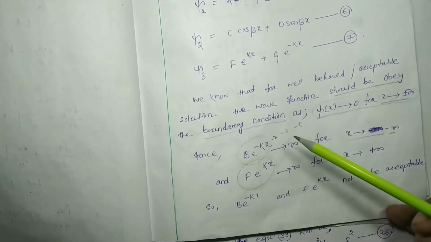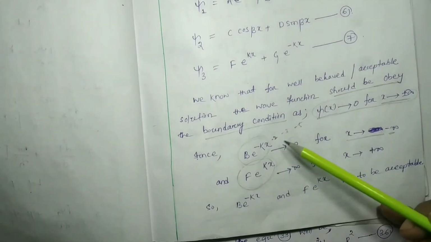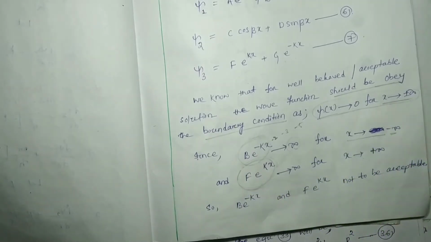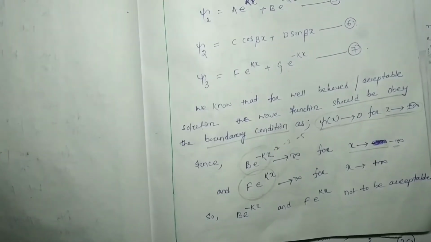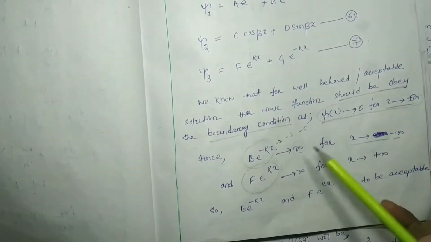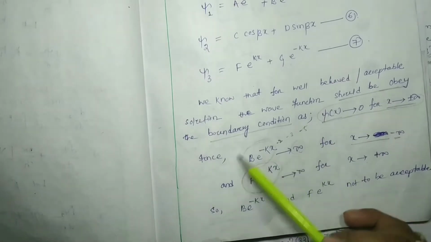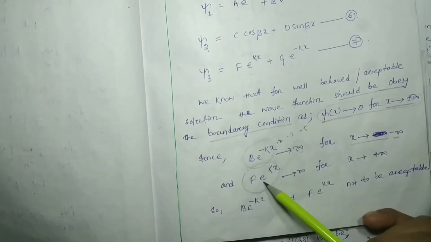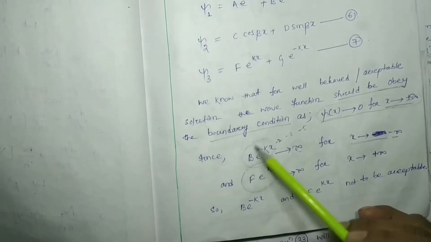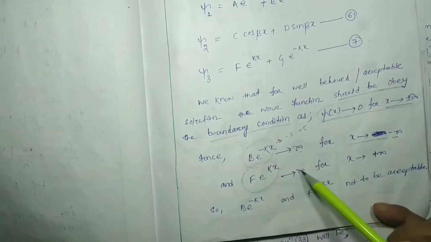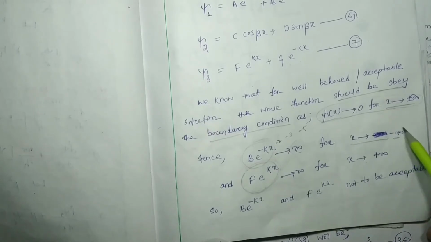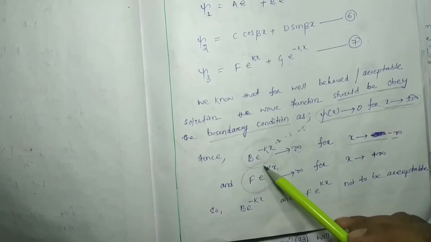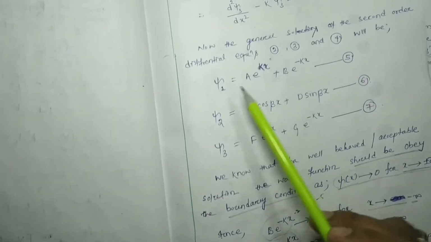That means this and this are not acceptable, because they give infinite values as we move to minus infinity and plus infinity. So these two terms are not acceptable for region 1 and region 3.